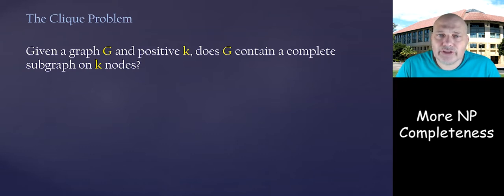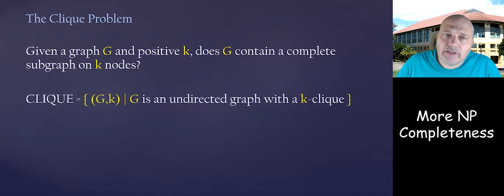Given a graph G and a positive integer K, does G contain a complete subgraph of K nodes? The language, the related language, is CLIQUE, which are pairs (G, K), such that G is an undirected graph with a K-clique in it.